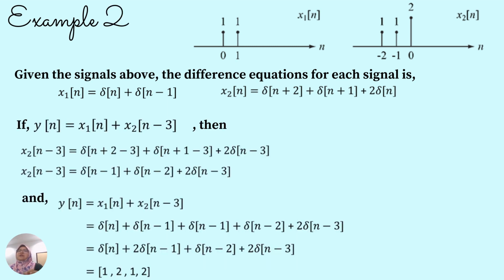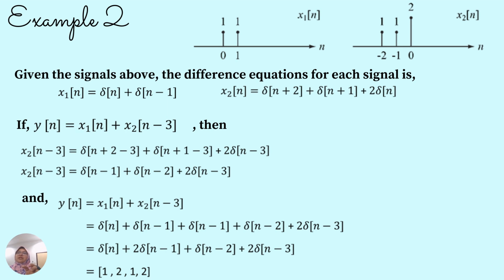Alright, now the next example. Okay, so this soalan ni is from the lecture. From the lecture, so I took about 4 of these questions and I am explaining to you now how you get the answer. Okay, so example number 2, the question is yn equals to x1n plus x2n minus 3.